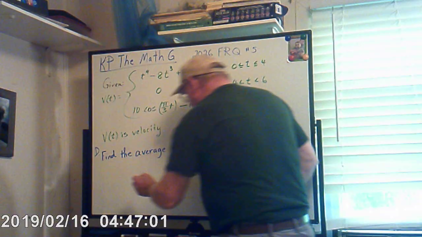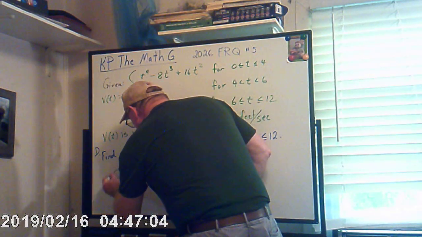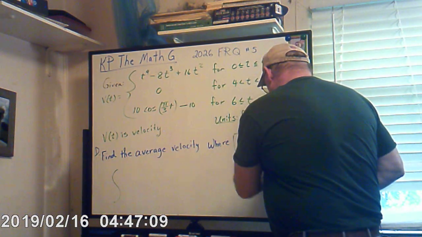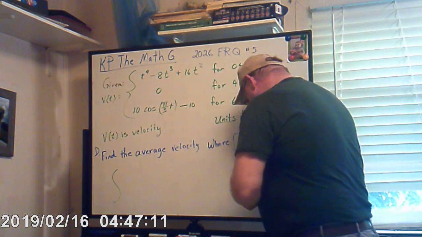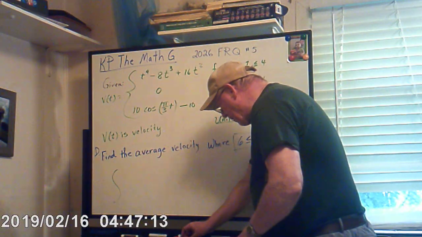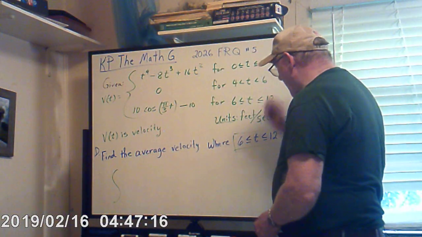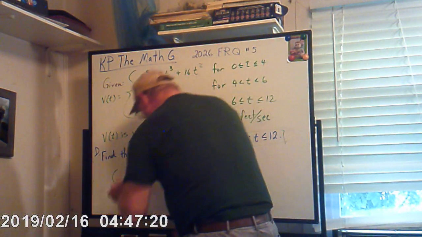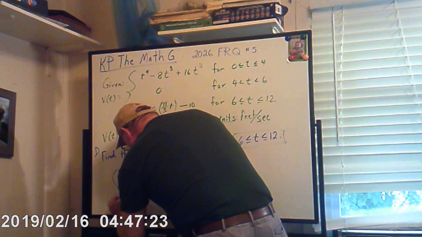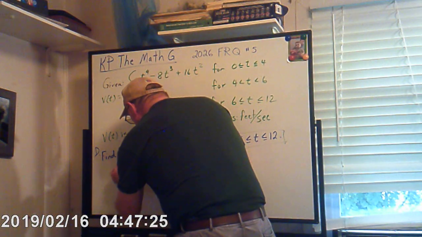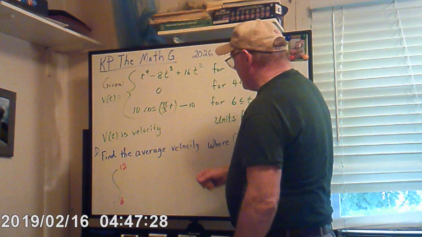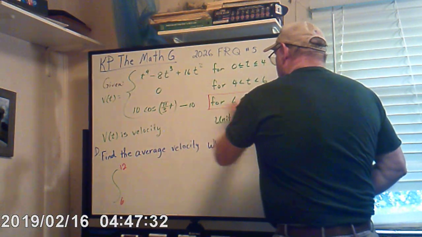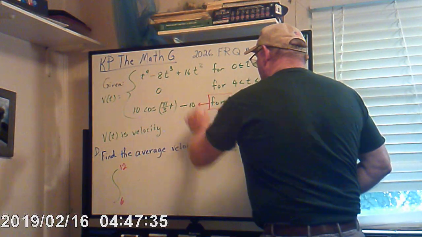Now, first of all, t is between 6 and 12, so we need to have up here a 6 and a 12, and we need to see where that corresponds to. That corresponds to this equation.